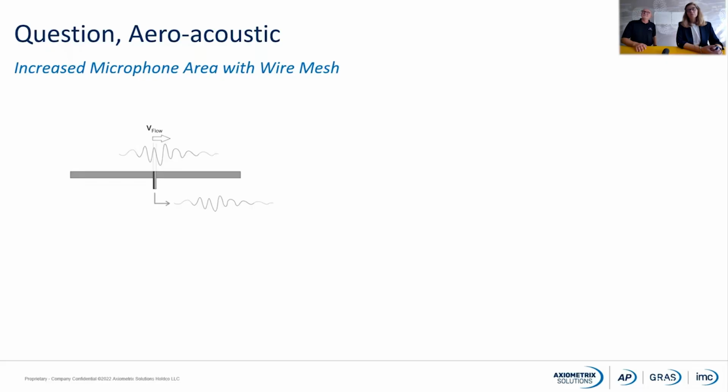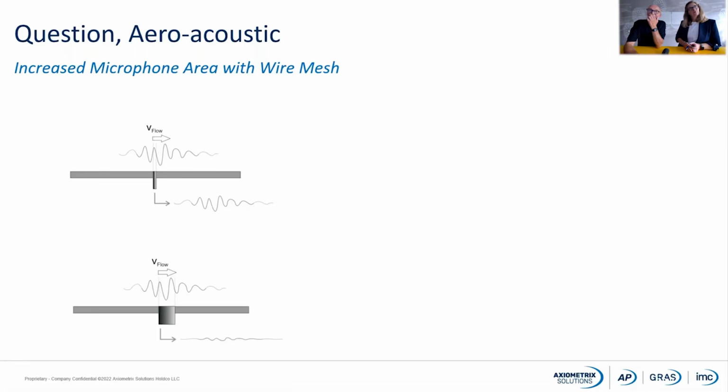If we have a very small microphone, it could be a 1/8 inch microphone, and we flush mount this microphone, then the signal going over the diaphragm and measured by the diaphragm will be rather small, because normally the microphone will average over the diaphragm.